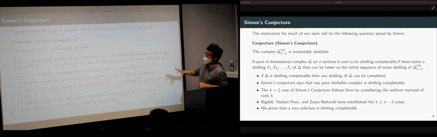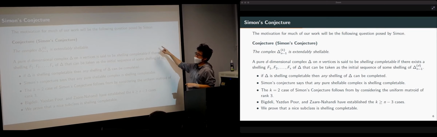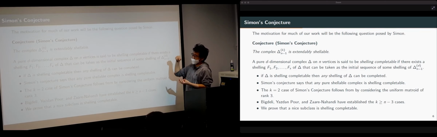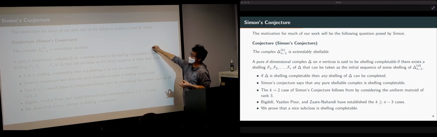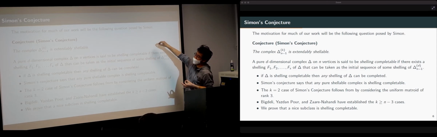This conjecture is very simple when the dimension or the codimension is very small. For example, if you take k equals 0, this is an obvious statement, because every complex in the dimension 0 case is shellable. Similarly, when the dimension is 1, simplicial complexes consist of vertices and edges, which is essentially a graph.